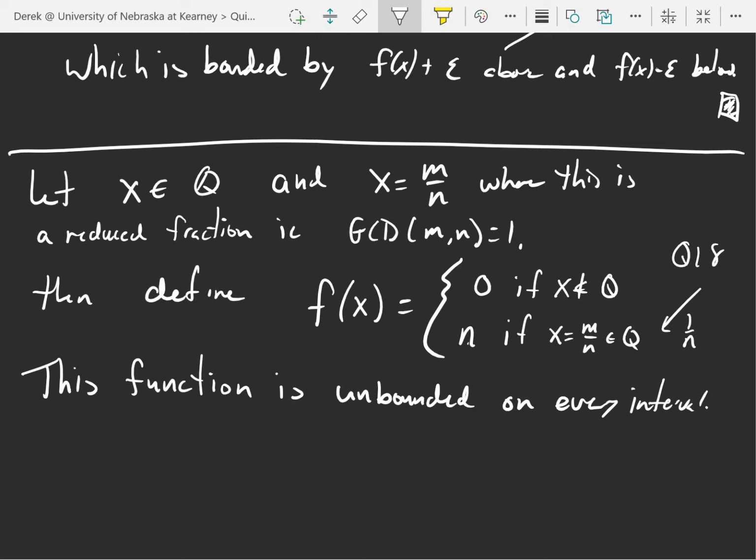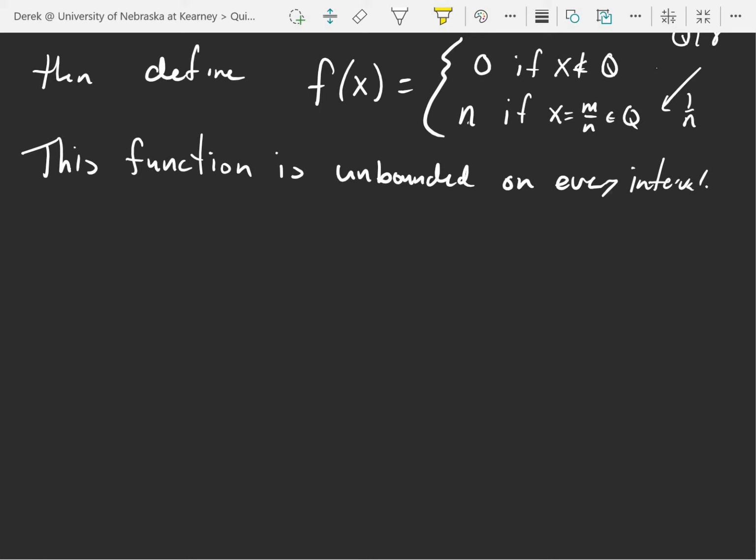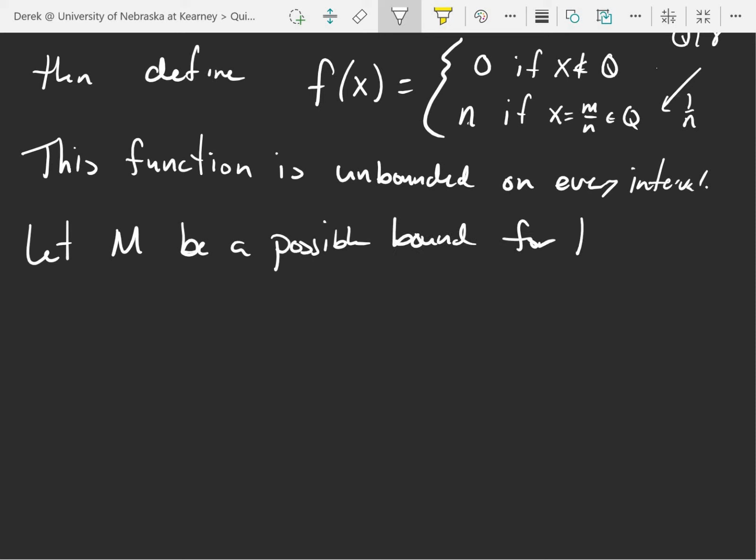You get values that get bigger than any number that you can think of. So let M be a possible bound for the interval, say (a, b).